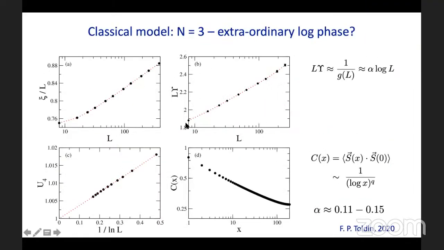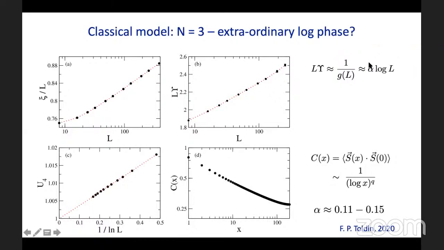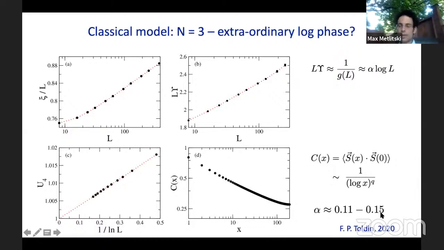There is no saturation, and I think the largest point here was something like 400 lattice spacings. So this is quite convincing to me. Francesca extracts this alpha, and it's something in this range. You can actually extract alpha both from the stiffness and from Q, and they're of the same order of magnitude.